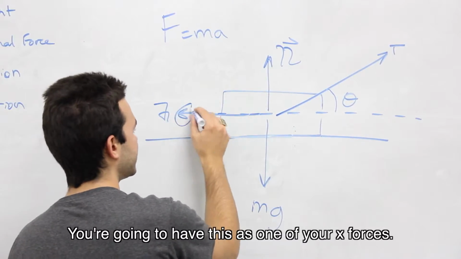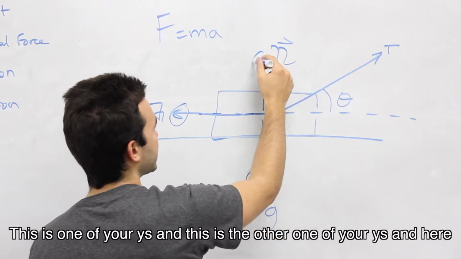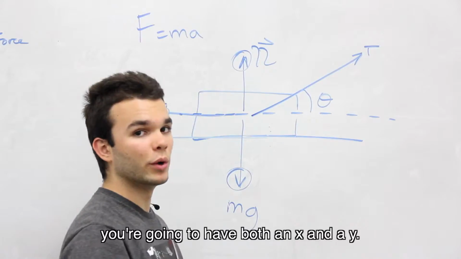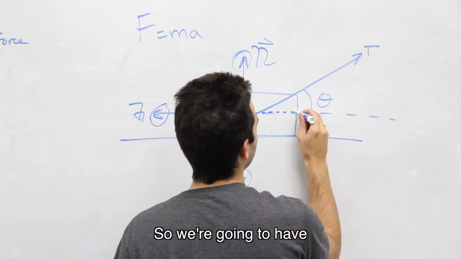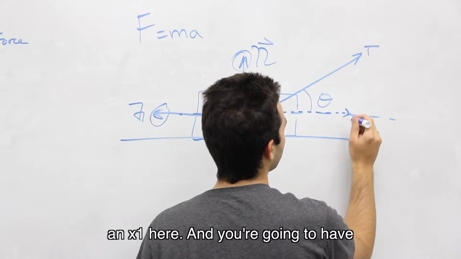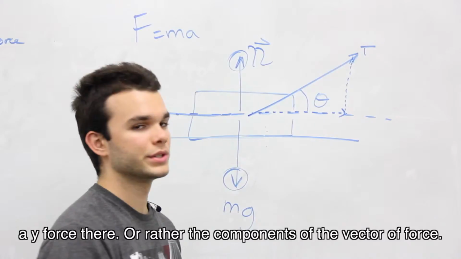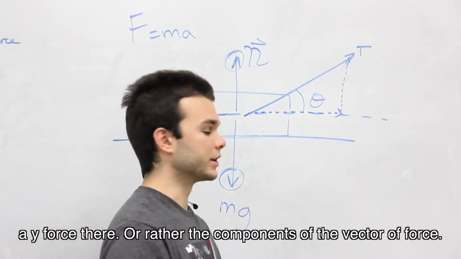You're going to have this as one of your x forces, this is one of your y's, this is the other one of your y's, and here you're going to have both an x and a y, or rather the components of the vector of force.